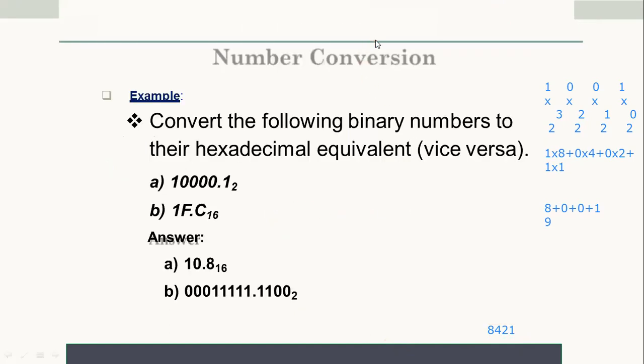See here: convert the following numbers into their hexadecimal equivalent and vice versa. Here, one example: 1000.1 with base 2, which indicates a binary number. Now this will be converted into hexadecimal. So how to convert this number?